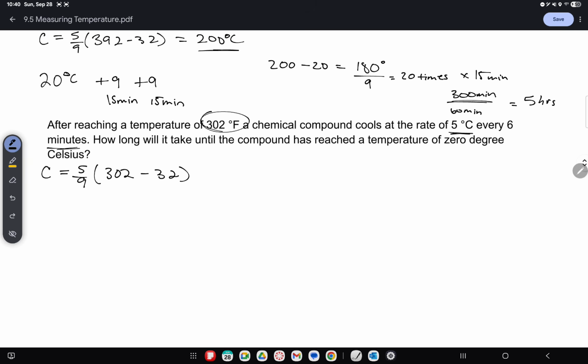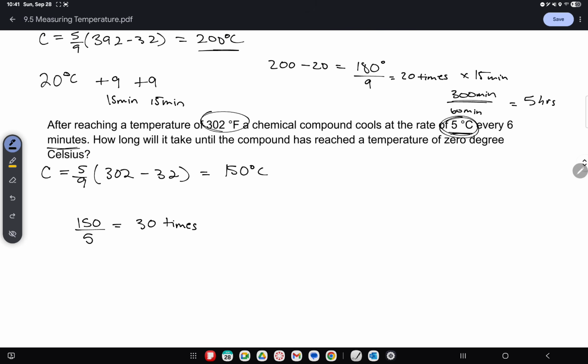So 302 minus 32 times 5/9 gives me 150 degrees Celsius. I want to deplete that entire thing because we want it to go to 0, and I need to divide it by the 5 degrees Celsius chunks. So that's going to give me that I'm going to subtract 5, 30 times.